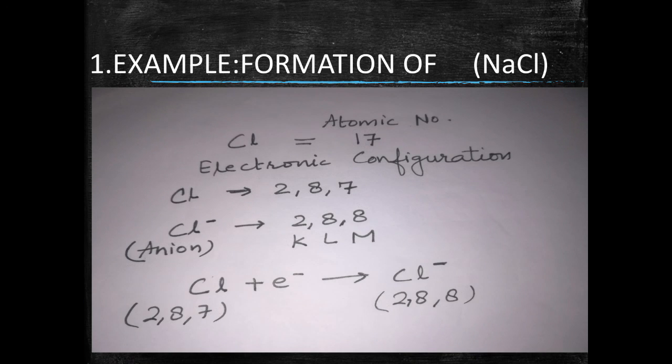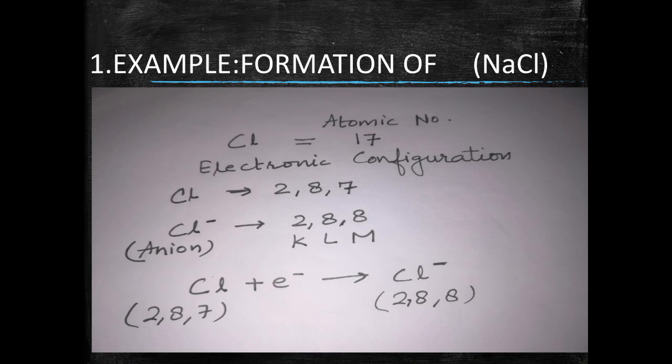Now we will discuss chlorine. It has atomic number 17 and electronic configuration 2, 8, 7. We can see that to complete its octet there is need of 1 electron. When chlorine gets this 1 electron, it acquires a negative charge to form Cl- anion.